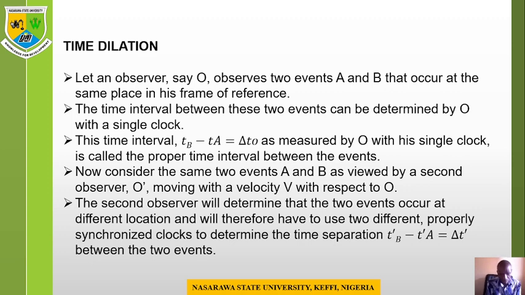Now consider the same two events A and B as viewed by a second observer O prime moving with a velocity v with respect to O. The second observer will determine that the two events occur at different locations and will therefore have to use two different properly synchronized clocks to determine the time separation, that is t_b prime minus t_a prime, the change in t between the two events.